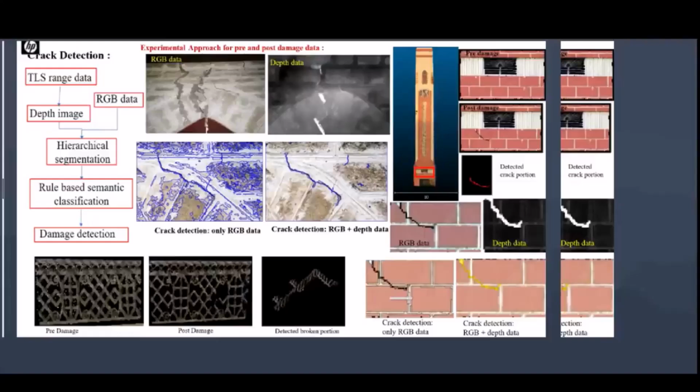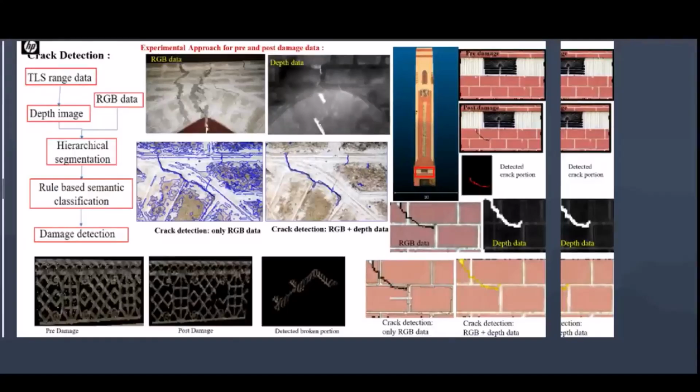So what we did was we utilized the photograph as well as depth information. When we combined both of them and then did the crack detection, only the crack part was getting highlighted, and this was all done automatically. So this was how the cracks can be identified.